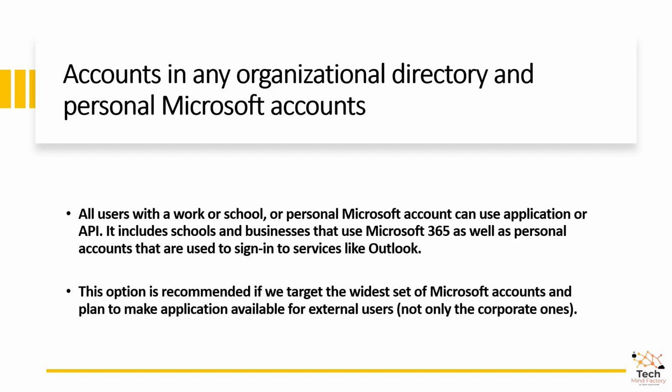This option is recommended if we target the widest set of Microsoft accounts and plan to make application available for external users. So not only the corporate users, but also for external users, right? So in this case, we select accounts in any organizational directory and additionally personal Microsoft accounts.